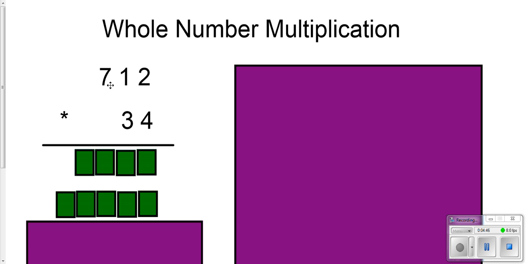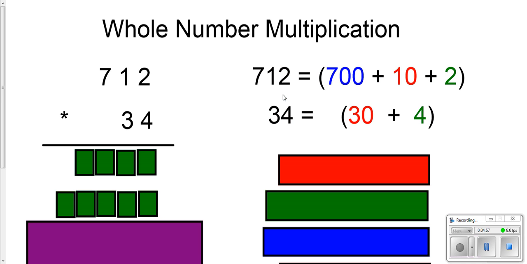Similarly, we can do the same thing if we have 2 rows to work with, and we're in 2 different columns. So 712 times 34. If I were to break it apart, 712 is 700, 10, and 2 ones. 34 is 3 tens, or 30, and 4 ones, or 4.